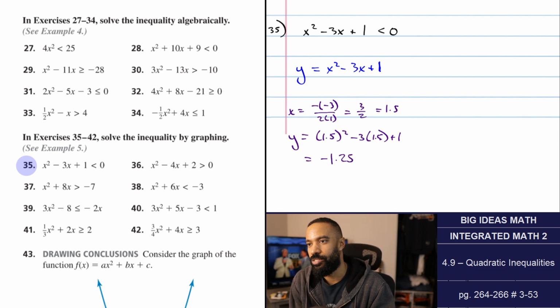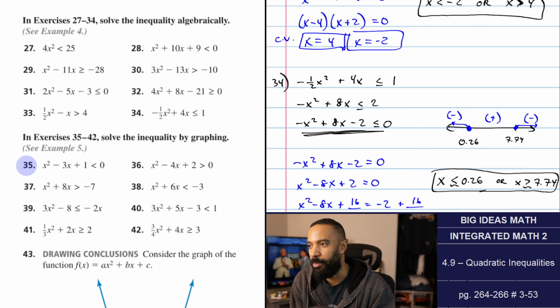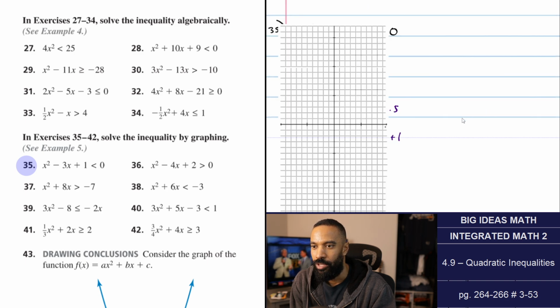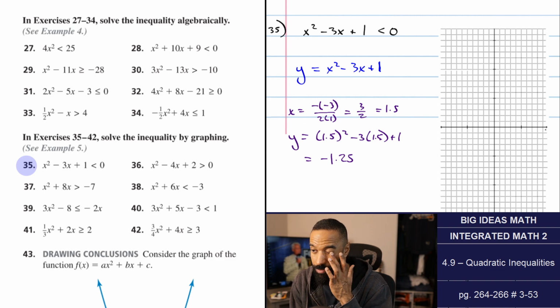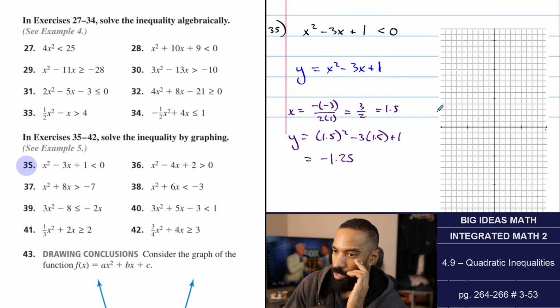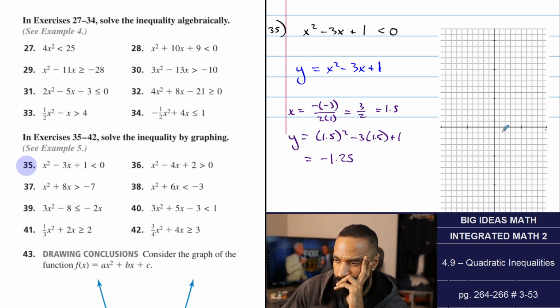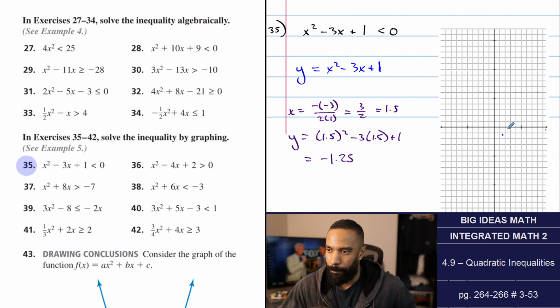So your vertex is going to be at 1.5, negative 1.25. Stretch factor is 1.